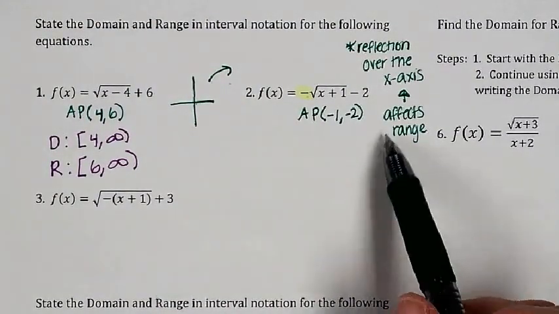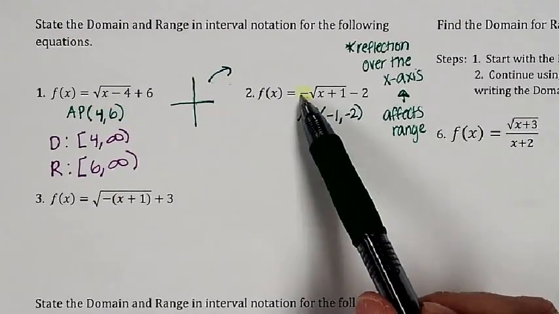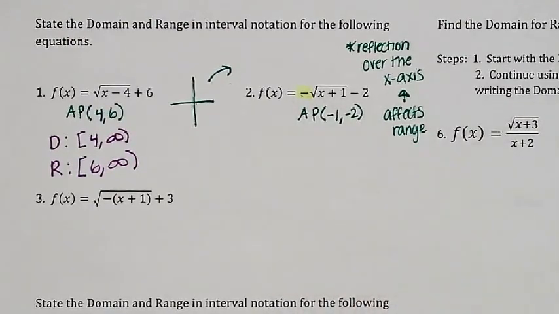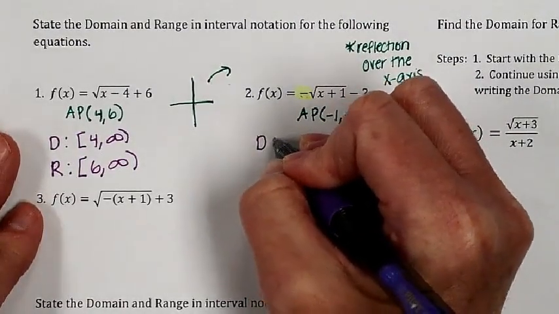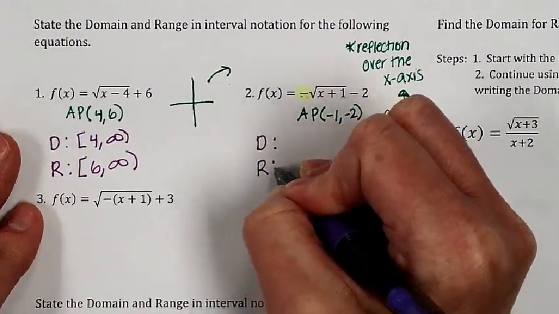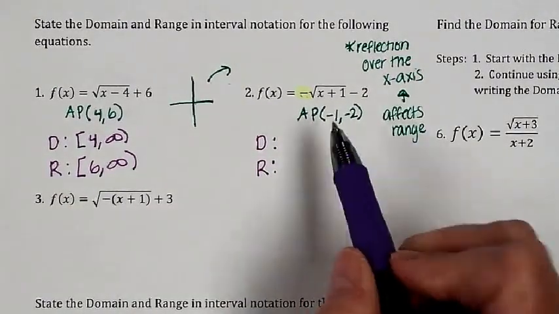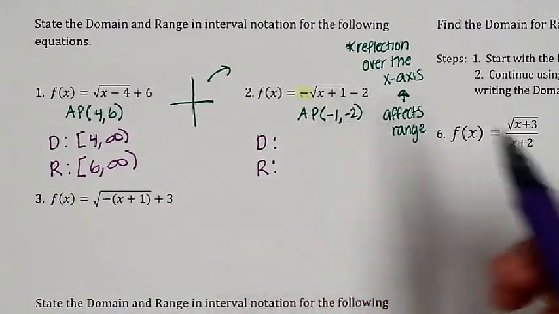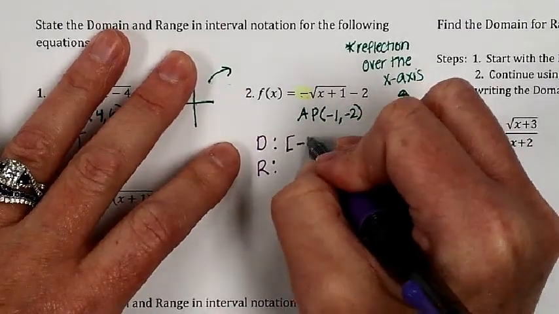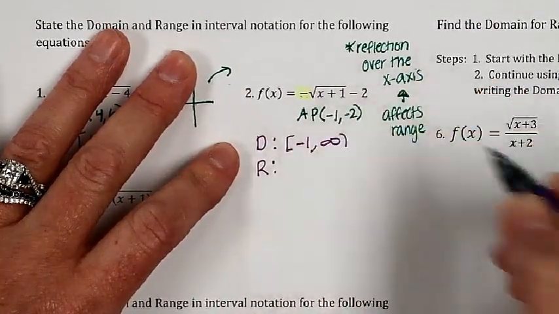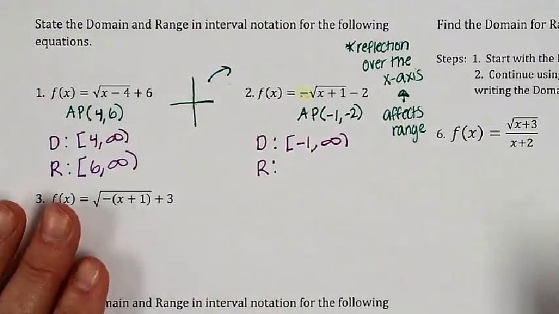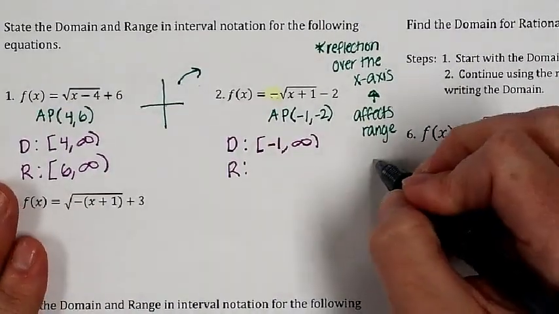So domain. We're still using that anchor point. Actually, the anchor point is -1, so -1 to infinity. And the range, let's graph this. My anchor point is at -1, -2 here.